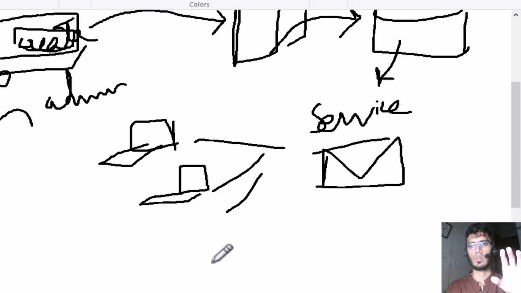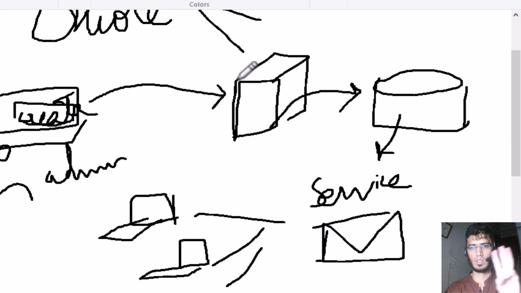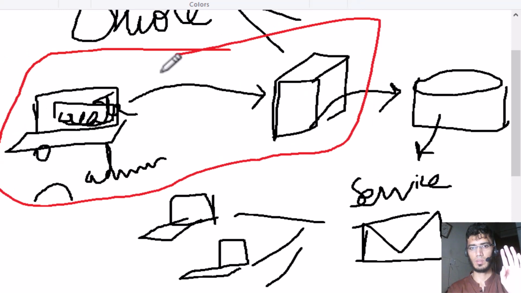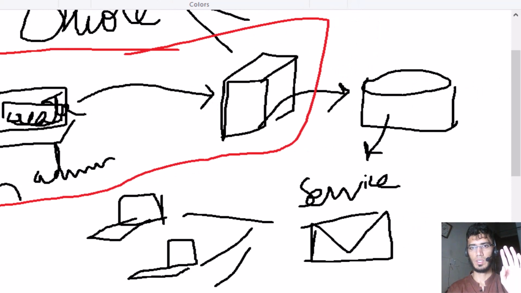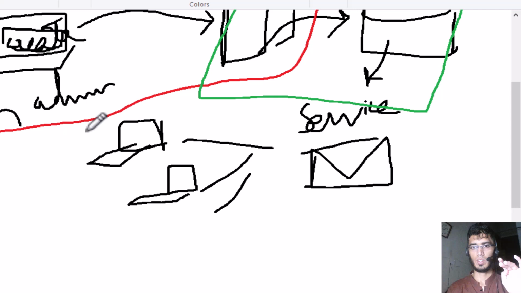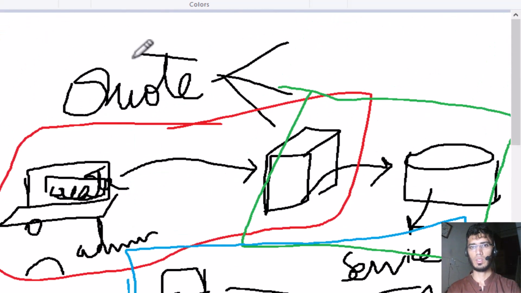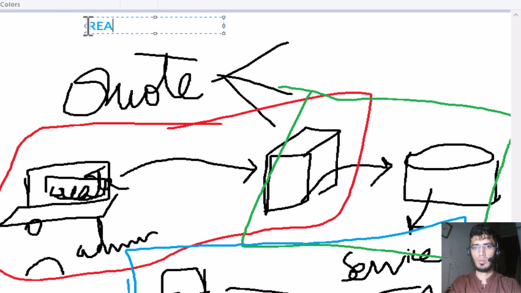So here we can see that we have three services: this one is the application service, this one is the database service or data service, and this one is a notification service. So we divide our real-time code system into three services.